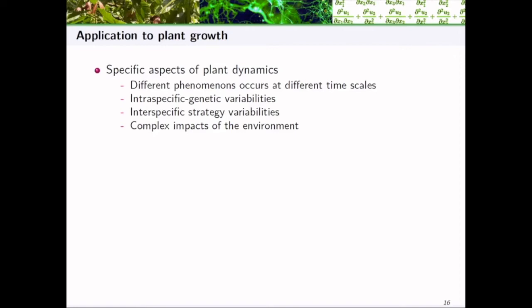On top of that, there are many different growth strategies among all the plant species. This is interspecific strategy variability. For example, some plant species like to grow under shadow, and some others like to grow under full sun. Just think about sunflowers.